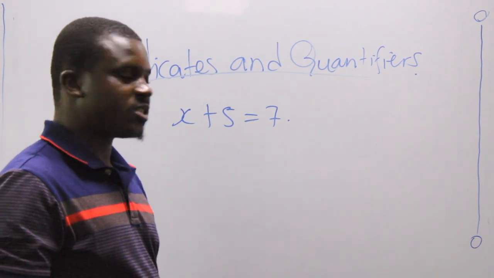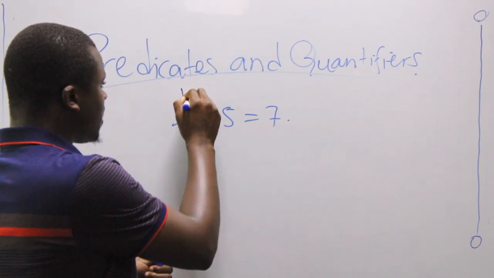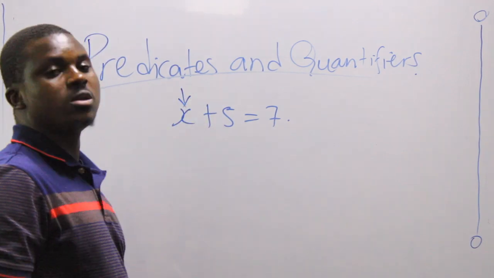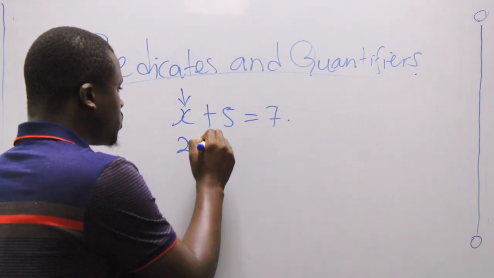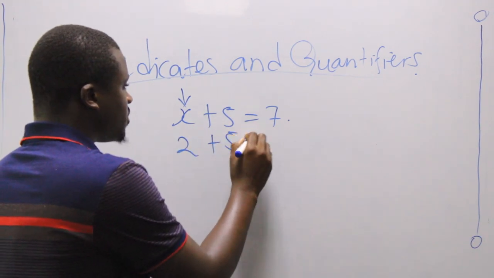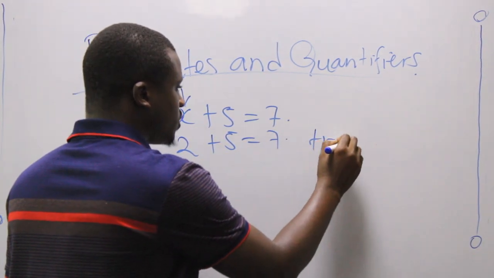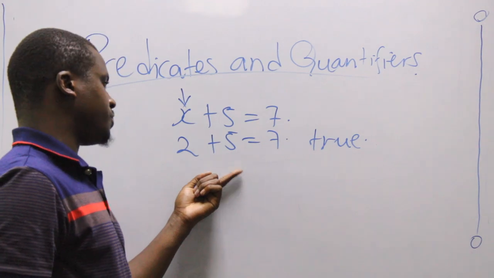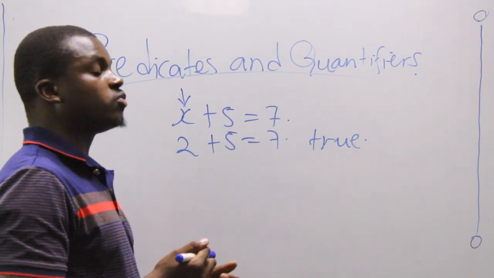For it to become a statement, you have to substitute a specific value for x. For example, we can have 2 here, then we say 2 plus 5 is equal to 7. You can say that it's true. It has got a truth value of true. Why? Because 2 plus 5 is actually equal to 7.